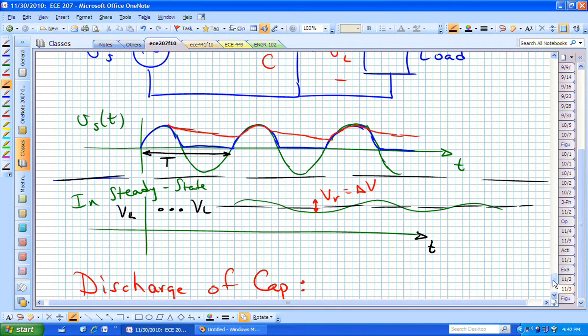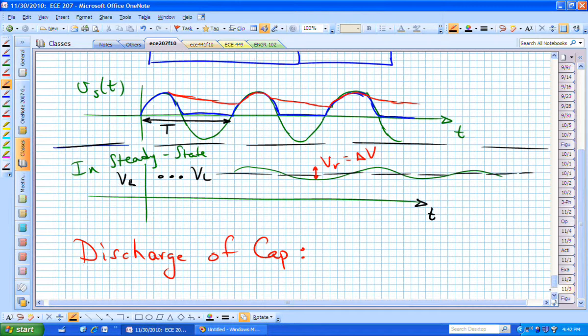Relative to that picture, what do we know about charge and capacitance and current?